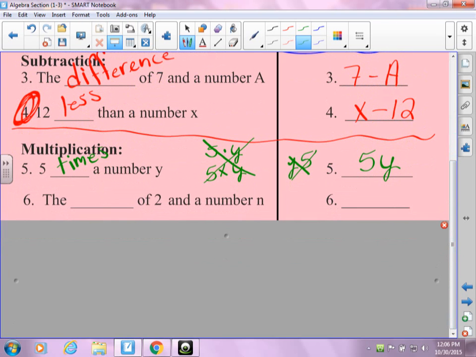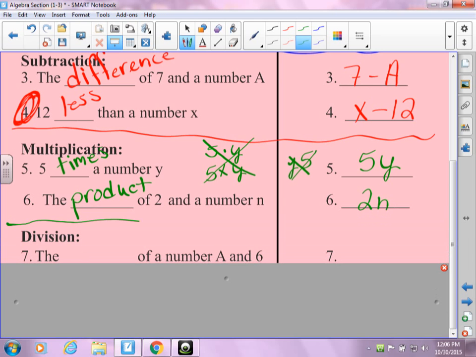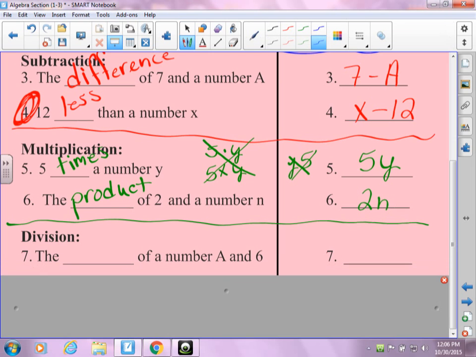All right, let's keep going. The blank of 2 and a number n, that would be product. And if I do like I did up above, that would end up being 2n. Right. Keep going. We're going to go to division. The blank of a number a and 6, that would be quotient.